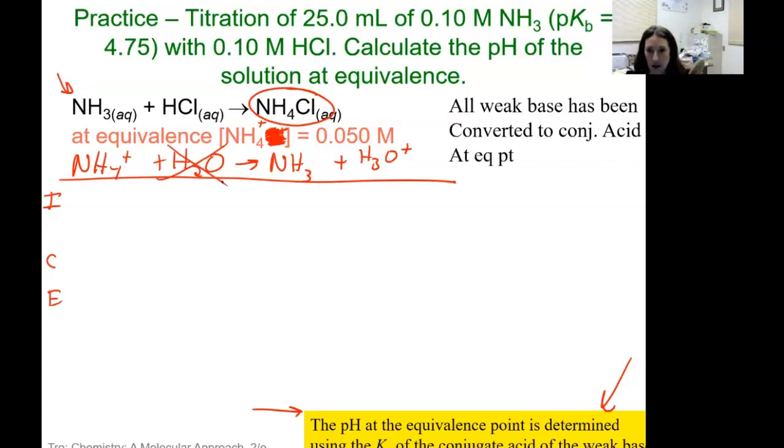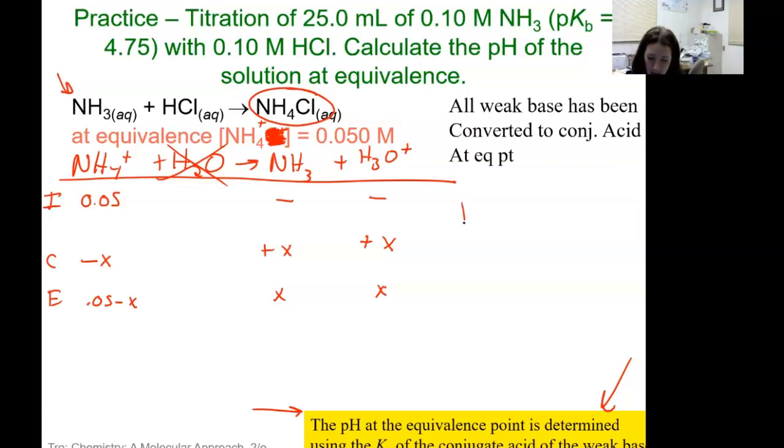When we do our ice table here, we have our NH4 plus, which is 0.05. And we don't have any NH3, and we pretty much have no H3O plus. So our NH4 plus is going to go down by X. This is going to go up by X. This is going to go up by X. So this is going to be 0.05 minus X, X, X.